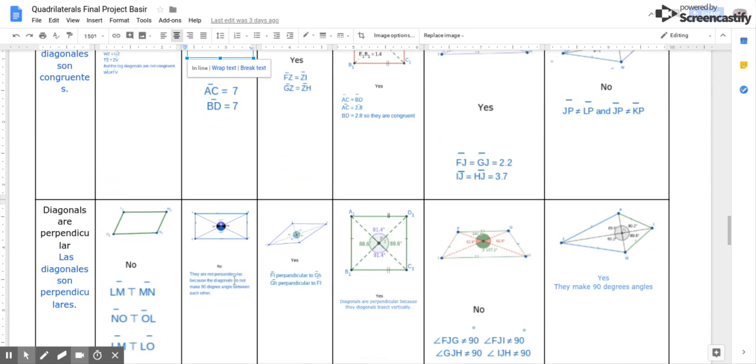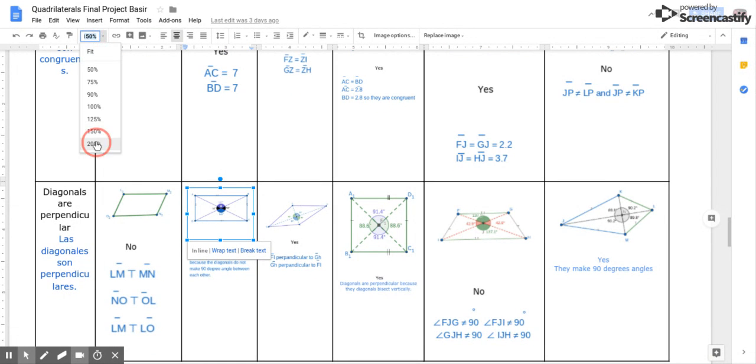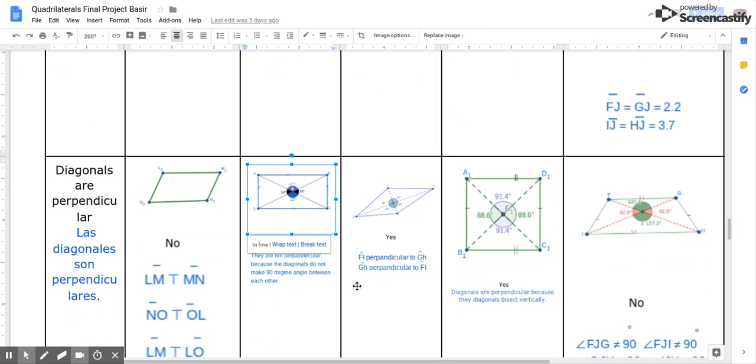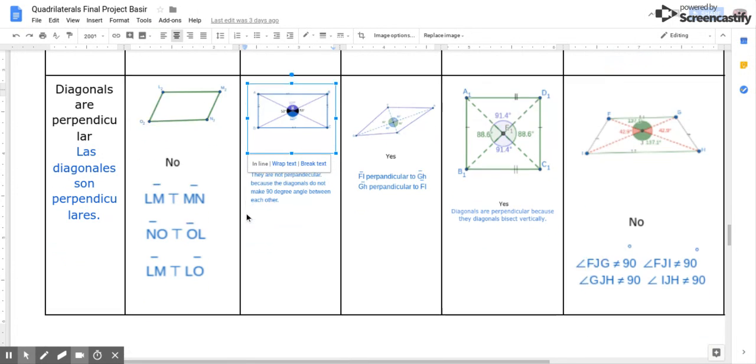Diagonals are perpendicular. So in this one, if you look at this rectangle, the diagonals are not perpendicular to each other, because the diagonals do not make a 90-degree angle to each other.